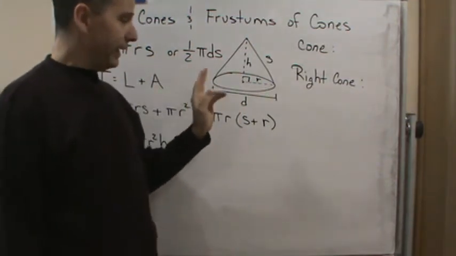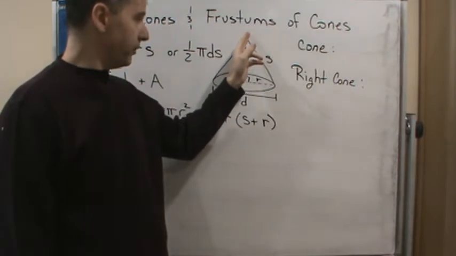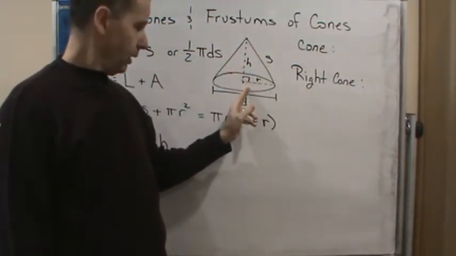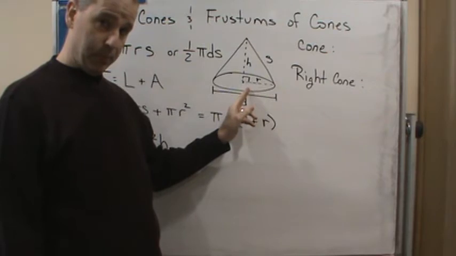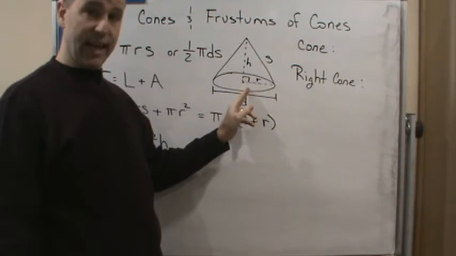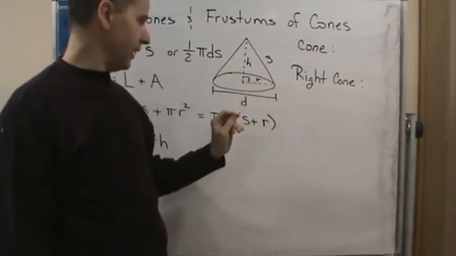So remember, the altitude of a cone is the perpendicular distance from the apex to the base. And the altitude is not the same as the slant height.